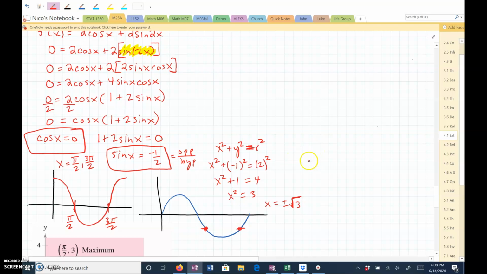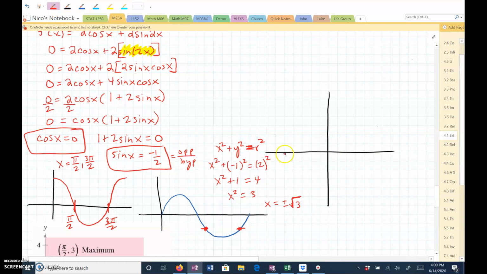Now I'm basically looking at a triangle on the unit circle. Let's see.